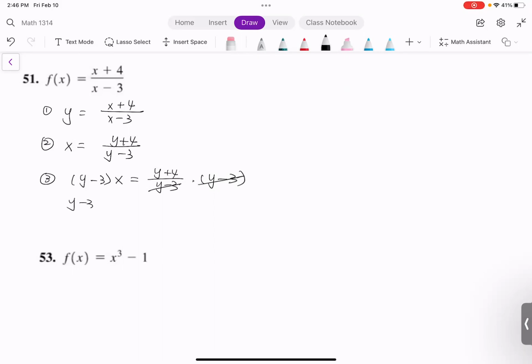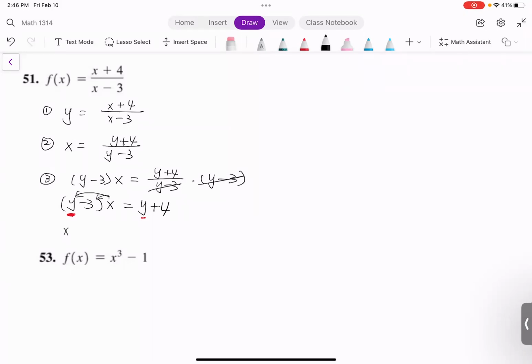So x times y minus 3 equals y plus 4. We need to combine all the y terms together. We have y on the left-hand side and the right-hand side. How to combine them? One y is in the parentheses. We need to rescue this y from the parentheses, so we distribute the x in the parentheses.